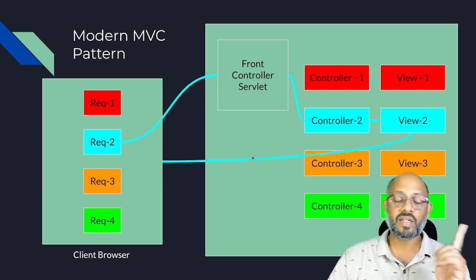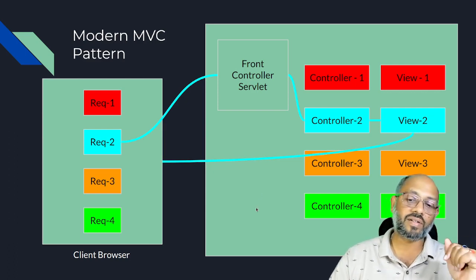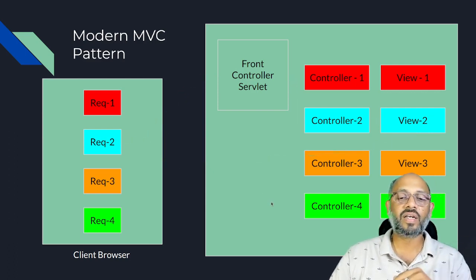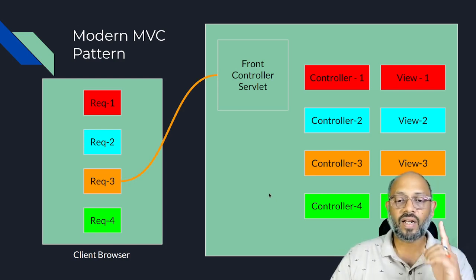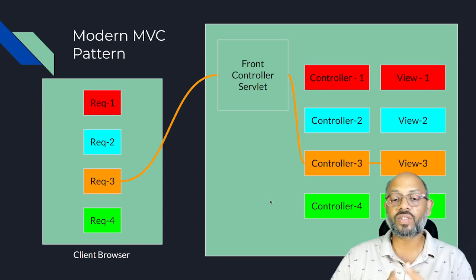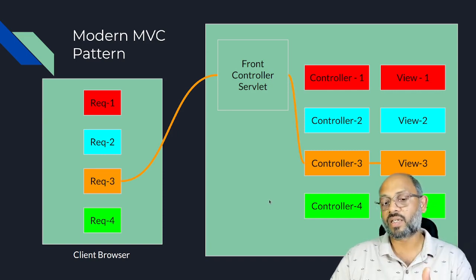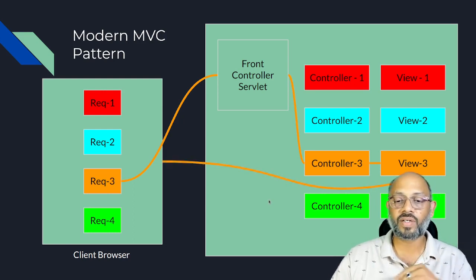That view will be presented to the client as a response. In a similar way, irrespective of the number of requests, the single and only servlet will take the request object and invoke the controller. Then the controller generates the view and sends it back to the client.